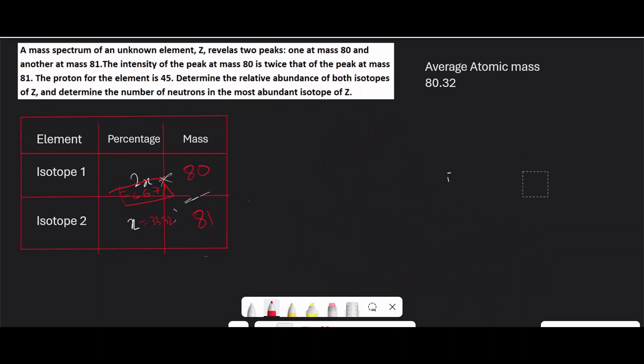So whenever we are talking about the total atomic mass, what we are essentially talking about is the mass of proton and neutron. Now, we know the total atomic mass for the most abundant isotope, which is going to be 80, and we know the proton, because it's given there, it's 45, and we have to find the neutron. So when you do the calculation, you find that the number of neutron is 35.